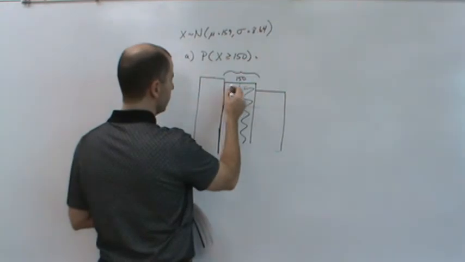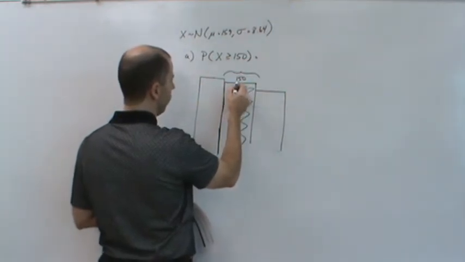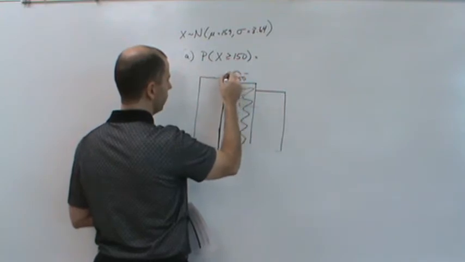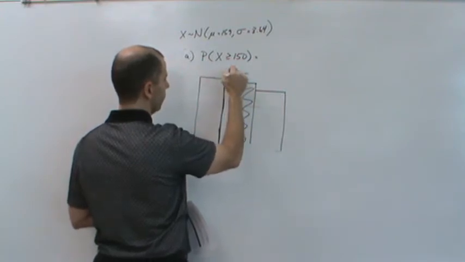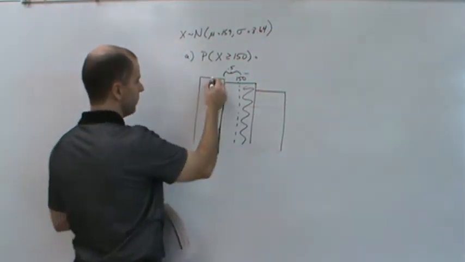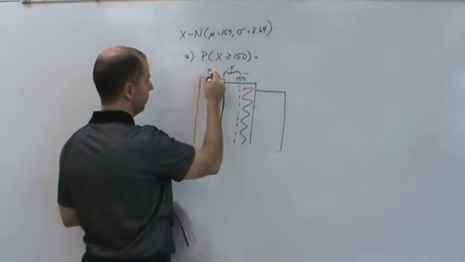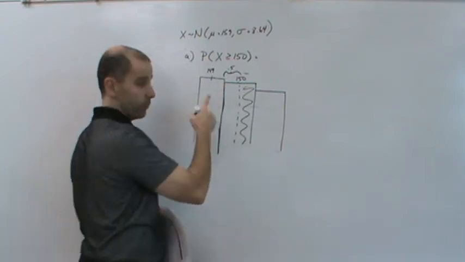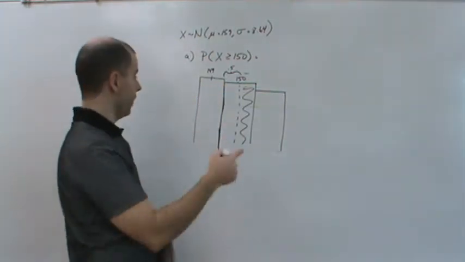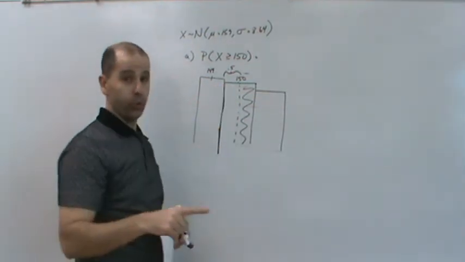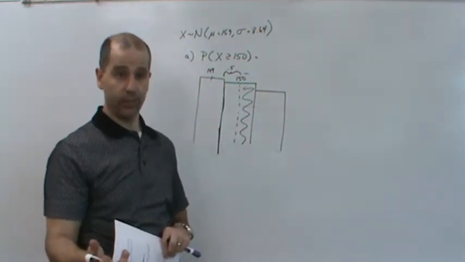So how far do we have to go over? 0.5, right? Because if this is 149, what's the distance between them? Remember, class boundaries. It's going to be 0.5, right? So that's where the continuity correction of a half comes in.